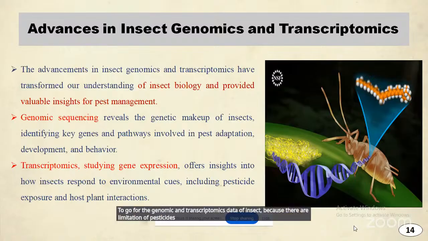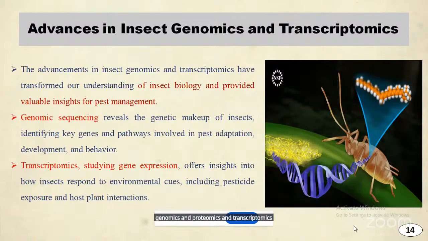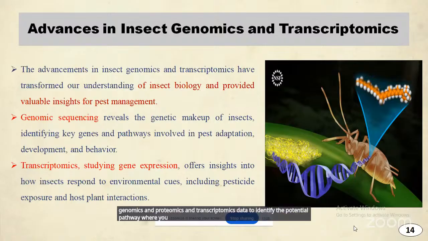You are seeing in the field that many insects are showing resistance against various pesticides. So you have to decode, or go for data mining of genomics, proteomics and transcriptomics data to identify the potential pathway where you can minimize the population of that particular insect.